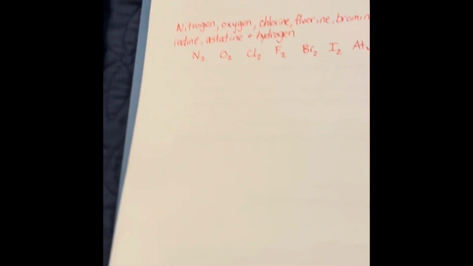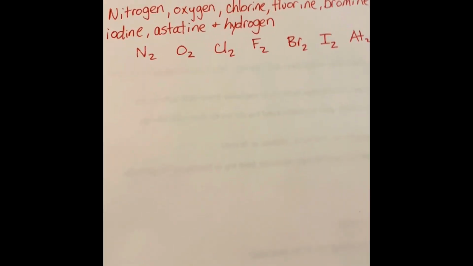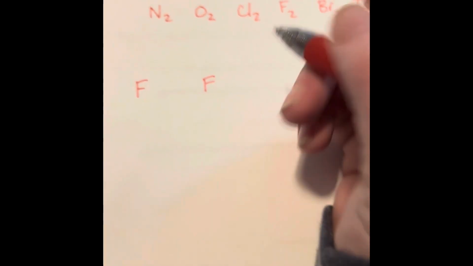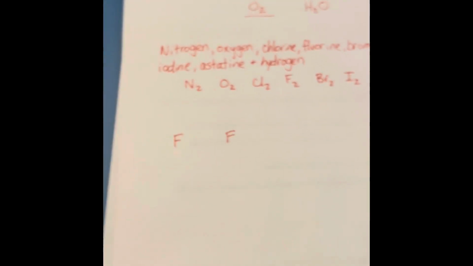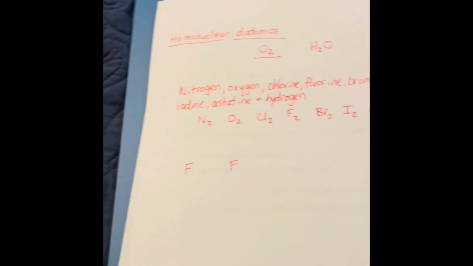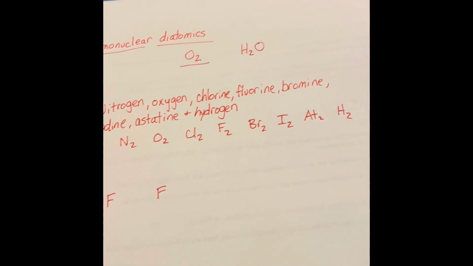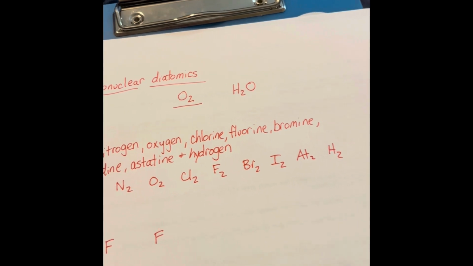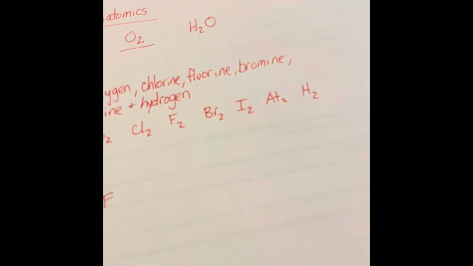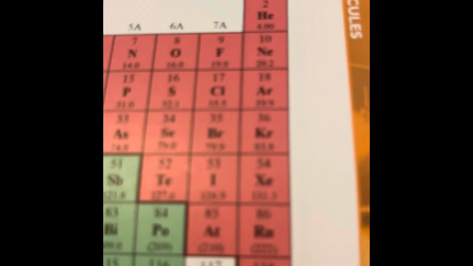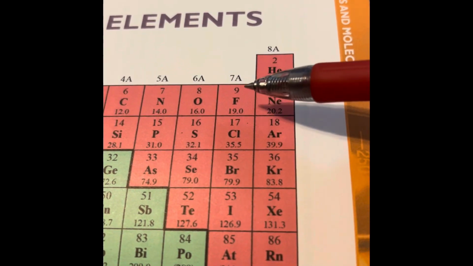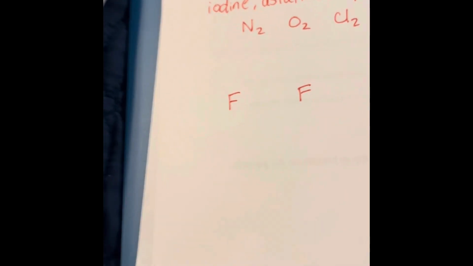Now we're going to take a look at Lewis structures of these, okay? So when I have fluorine, and I have 2 of them, let me turn back to my periodic table so you can see. Okay, so fluorine right here is in 7A. Okay, so it has 7 valence electrons. 1, 2, 3, 4, 5, 6, 7.